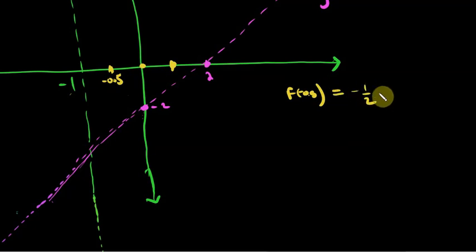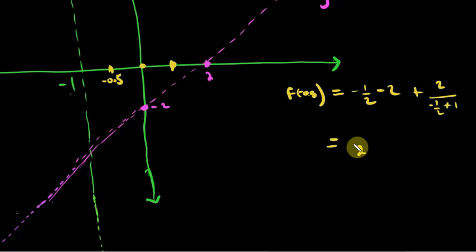Minus 1 over 2 squared minus minus 1 over 2, plus 2, over minus 1 over 2 plus 1.